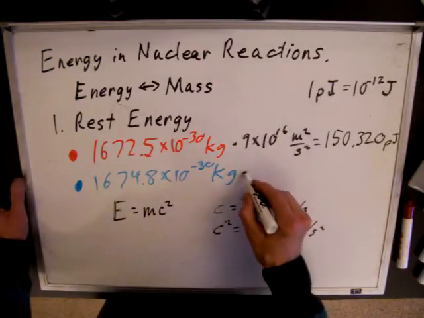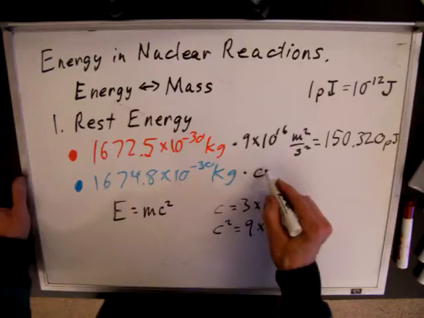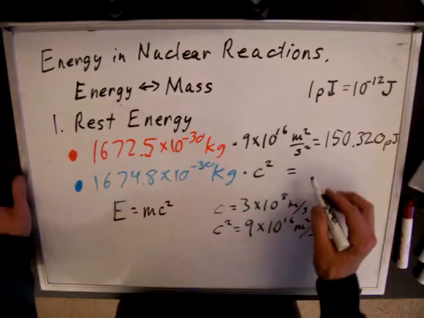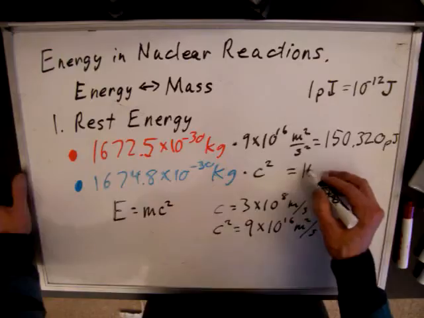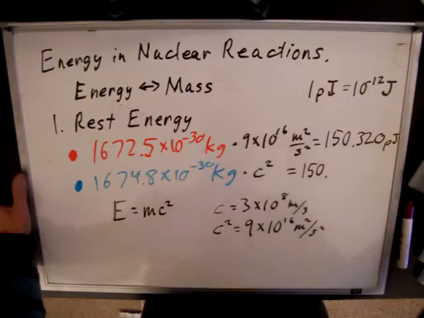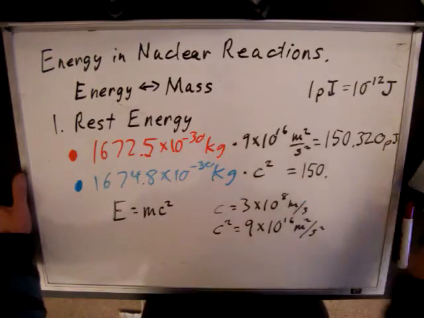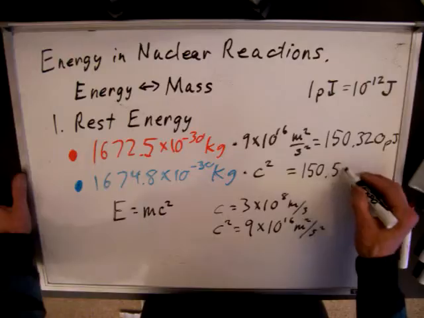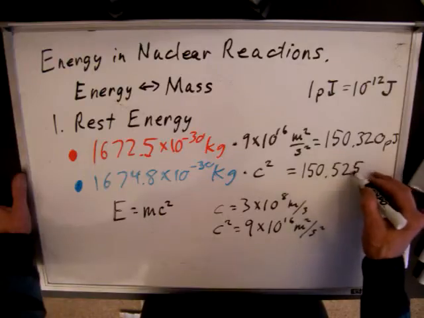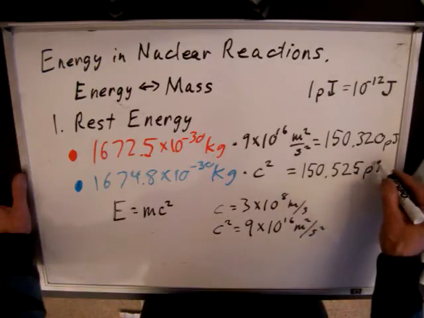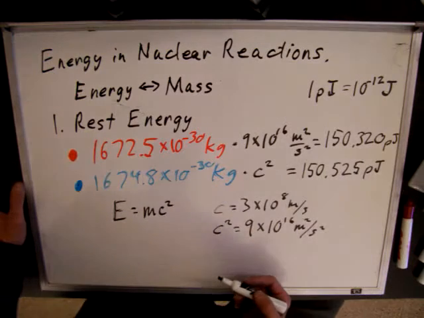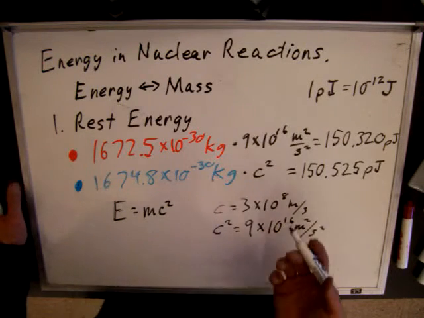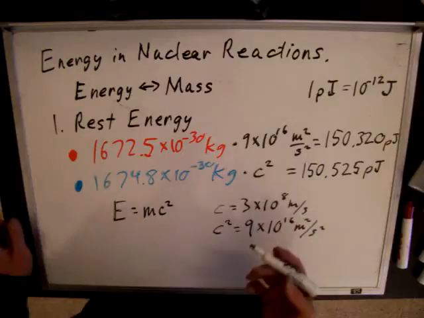Now, if I do the math here, if I multiply this also by c squared, it turns out that the answer is 150.525 picojoules. So these are the energies which are stored, you could say, in the mass of a proton and a neutron.